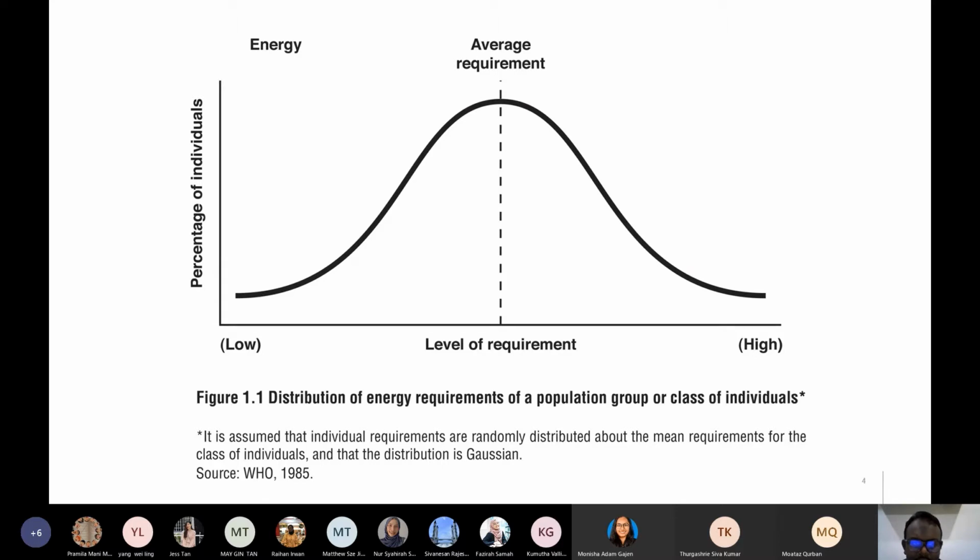When you tabulate a graph like this, you get a Gaussian distribution where in the middle is the average, and then you can identify the middle one is the average requirement needed by that group or class of individuals. This is assumed that individuals' requirements are randomly distributed about the mean requirement of the class of individuals, and the distribution is called Gaussian distribution.